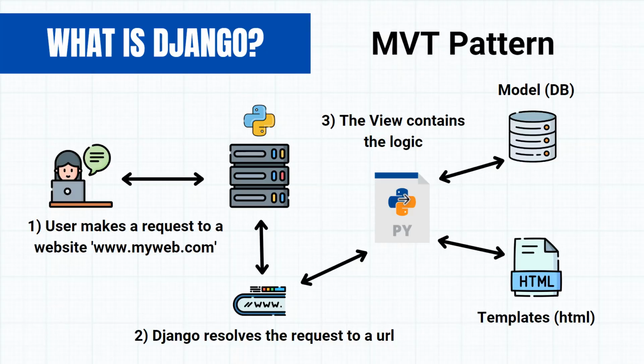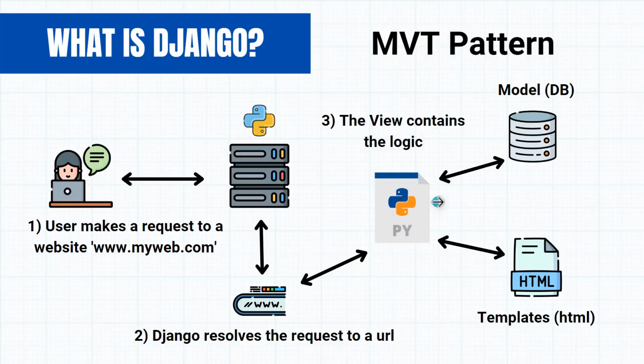And then the final piece is this T, this template. So these are HTML files usually that are called templates, that are the visual aspect of what the user will see. So the view could grab the correct template and inject the correct data in there.